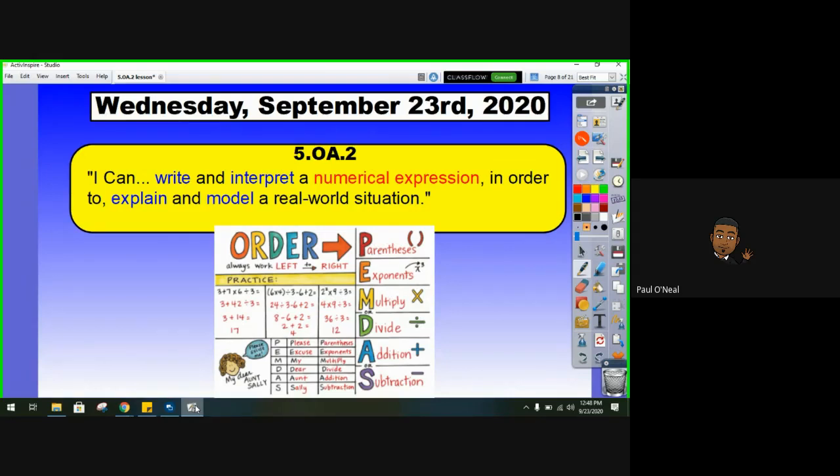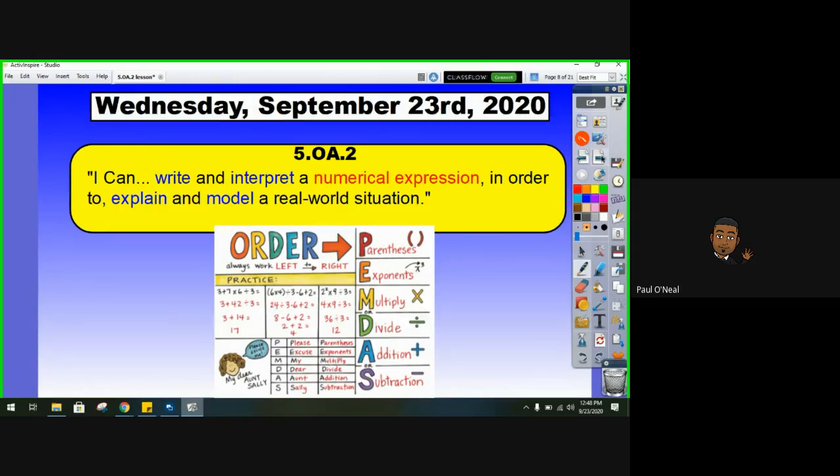It's kind of like an acronym. And the letters are parentheses, exponents, multiplication, division, addition, as well as subtraction. Okay, and as I mentioned, we're going to dive into this today and continue with it tomorrow.